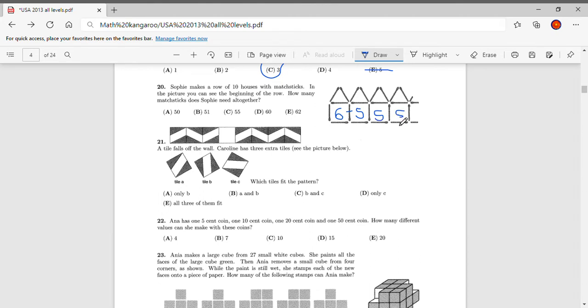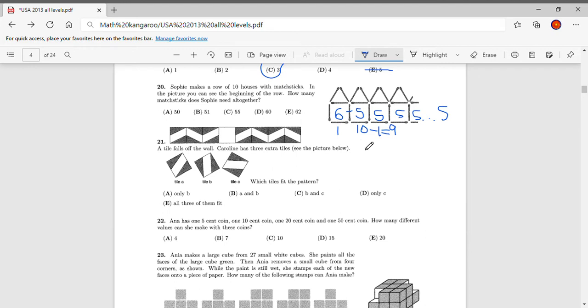5, 5, all the way until the 10th one. So since there's 1 with 6, that means that there is 10 minus 1, which is equal to 9 of these houses with 5 of their own matchsticks.